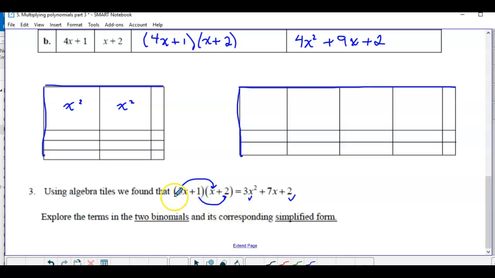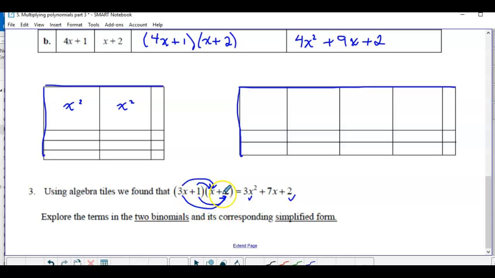Well, we have to end up multiplying every term in each bracket. So I haven't multiplied 1 by x yet, and if I did, that's x. And I haven't multiplied 3x by 2 yet.